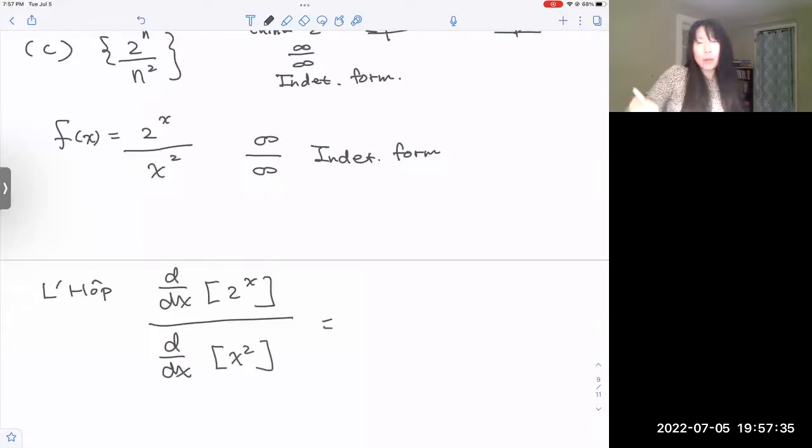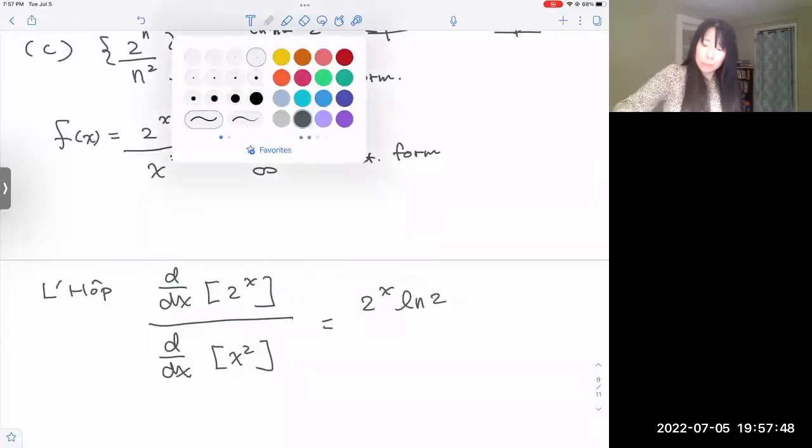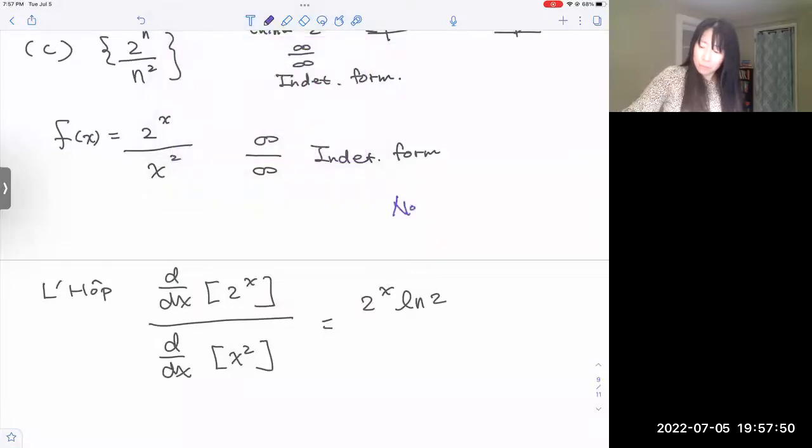All right, so you might not remember because your professor said, oh, don't remember this one, right? Okay, so this means 2 to the x with the derivative ln with the base, okay?